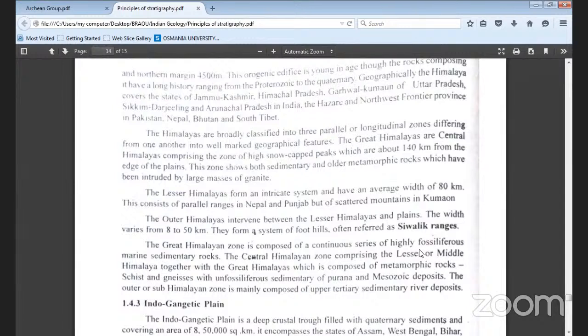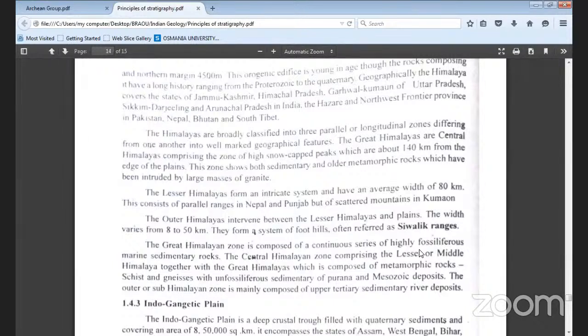The Himalayas are broadly classified into three longitudinal zones, each differing from one another and well marked based on geographical features.